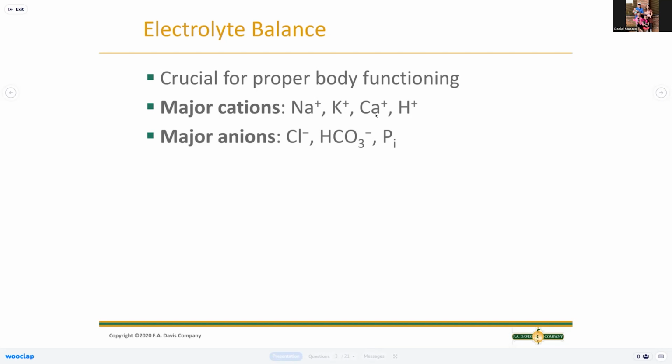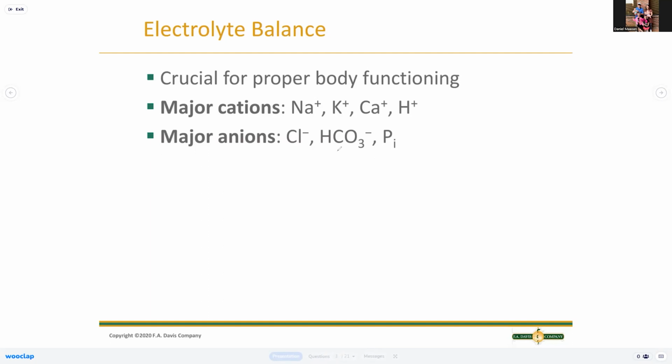Calcium, you guys should mostly know what calcium is related to, what happens without it. And then the hydrogen ions play a role of utmost importance in the pH balance of our body. The other ones are chloride, bicarb, okay, and phosphates, which kind of play the antagonist to these molecules in a way, especially hydrogen ions. Let me annotate.